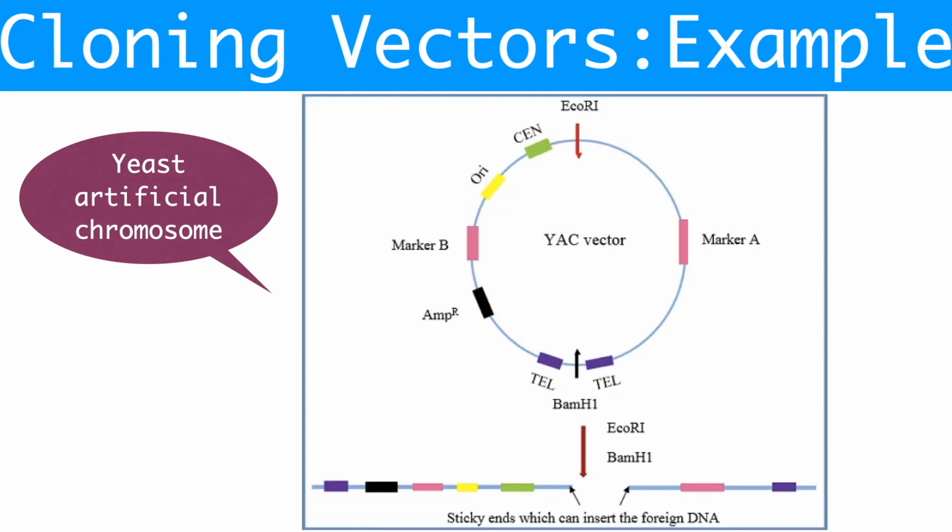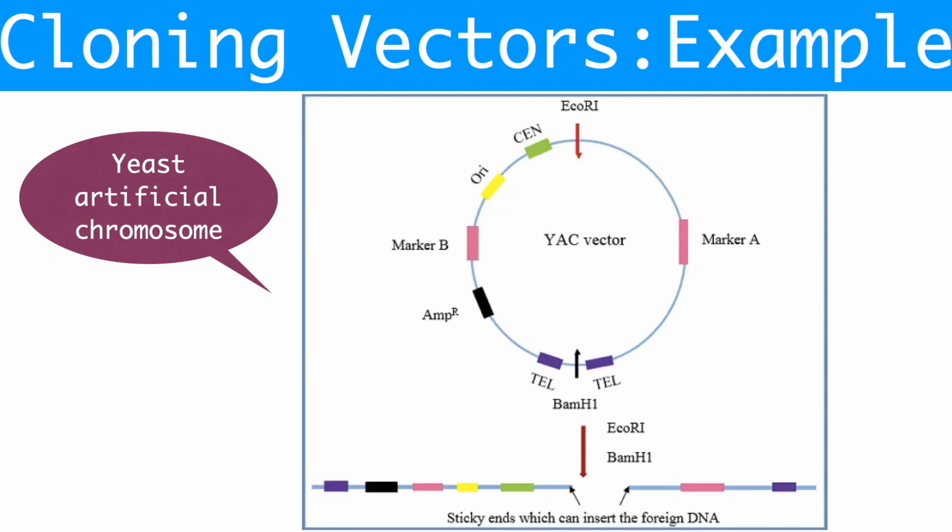Another vector example is now the yeast artificial chromosome. Yeast artificial chromosomes are genetically engineered chromosomes. They are derived from the DNA of the yeast. Usually, we use the DNA from Saccharomyces cerevisiae, which is the model yeast, and then we have to ligate this engineered chromosome into the bacterial plasmid.